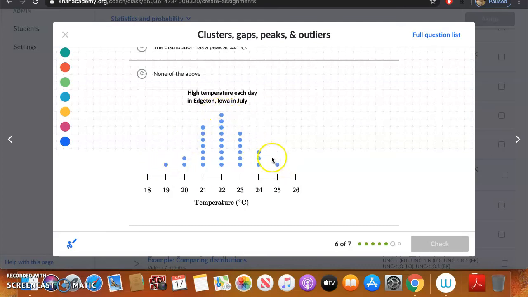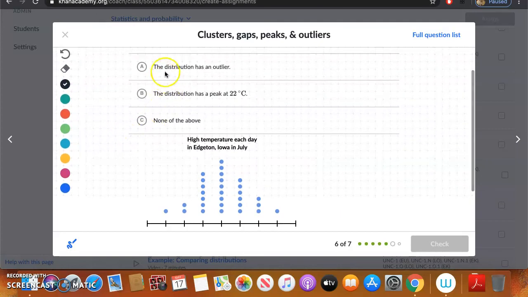If you were to draw a curve through this. Again, it's not perfect, but then again, most normal distributions are not perfect, right? It looks pretty even with 22 being your mode, right? So it is unimodal and it is symmetric, right? Roughly symmetric. So it's a normal distribution.